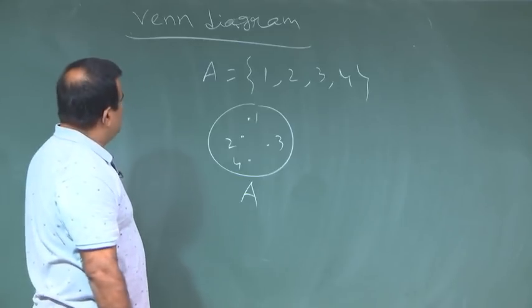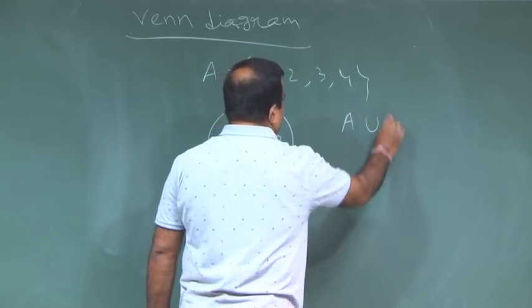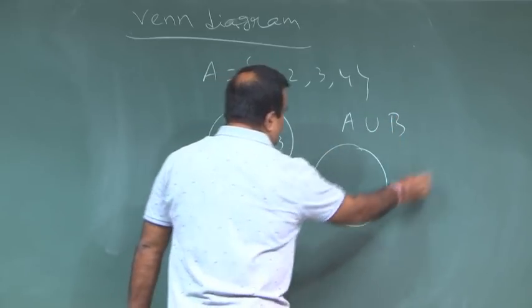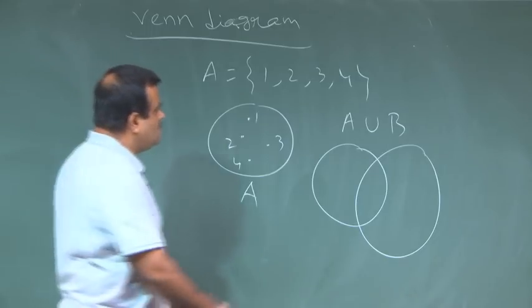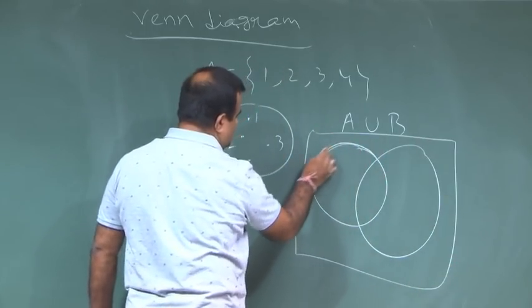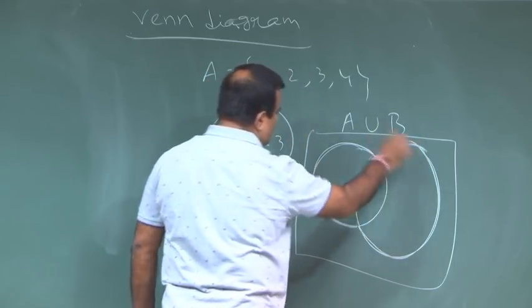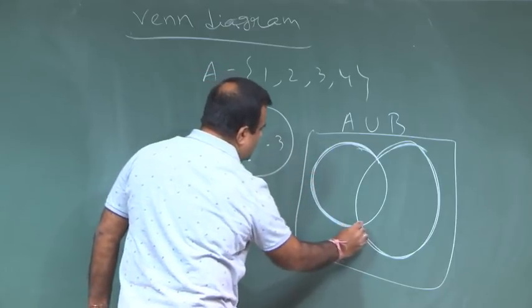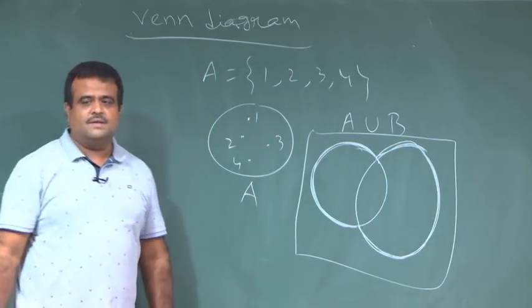Now, if we have this notation, then how do we define A union B? We have a set A, we have another set B. Now, so this is the universe. A union B is this set. This set is basically A union B. Okay.